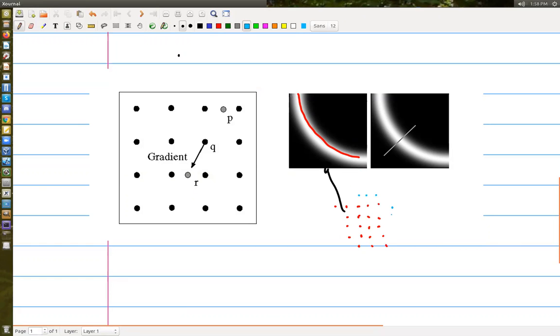So maybe this blue one is not an edge. Let me draw a little bit better here. But you see my point here, right? So then maybe I make this red also. I have pretty thick edges here. That is not very preferable.